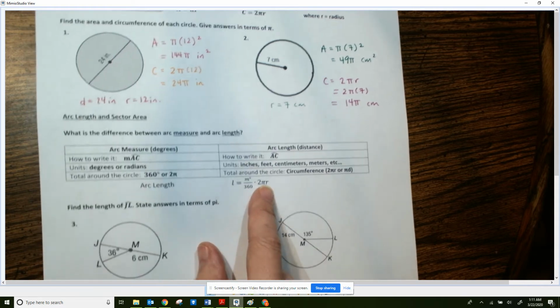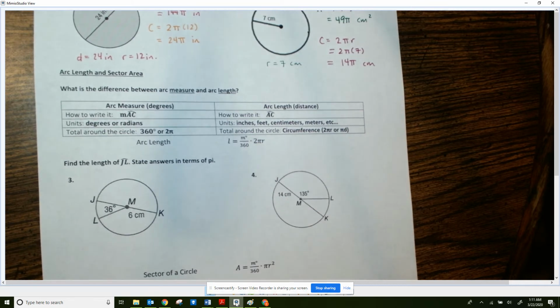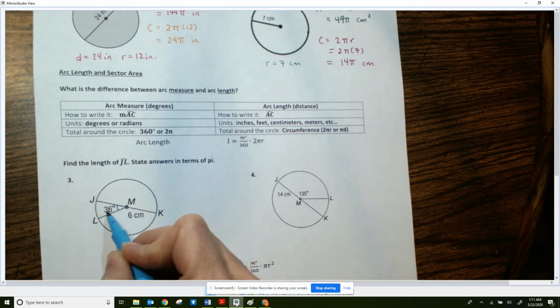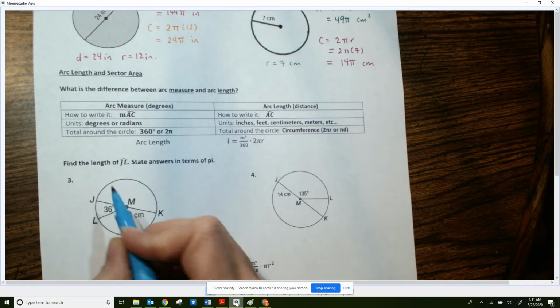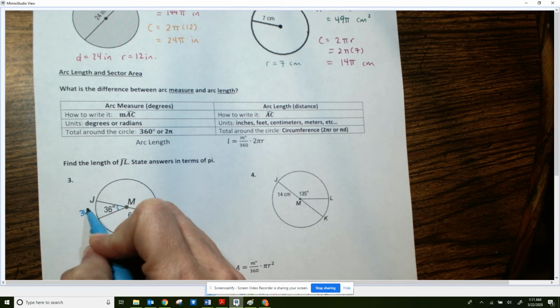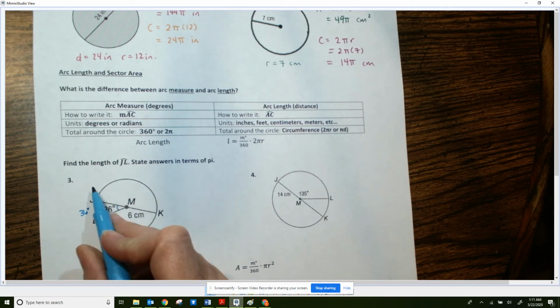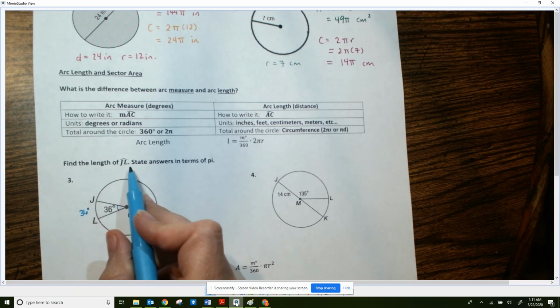So let's look at numbers 3 and 4. Now, remember way back in circles that the measure of the central angle, which here is given as 36, is also the measure of the arc. So if the central angle is 36, the measure of the arc is 36. Now notice we're going to find the length of JL.